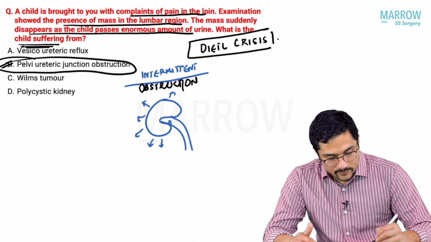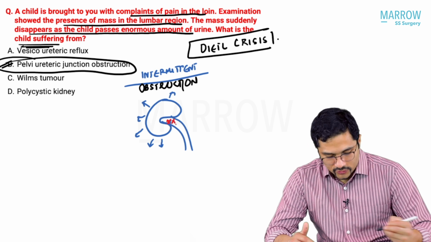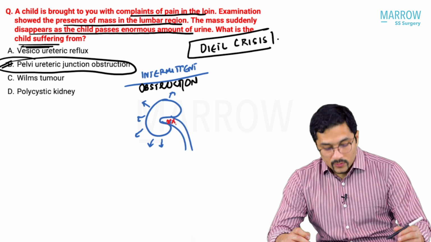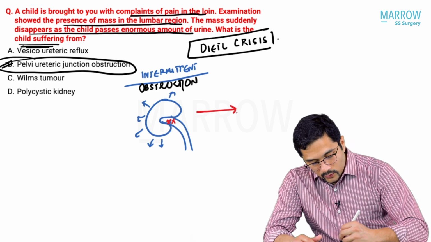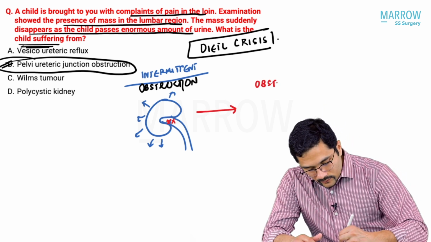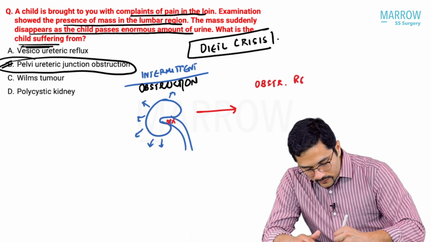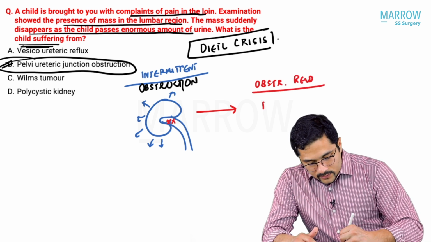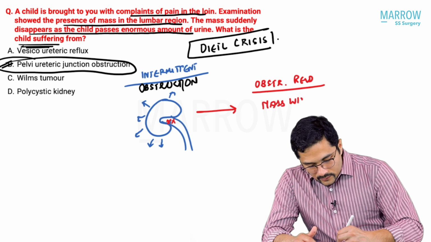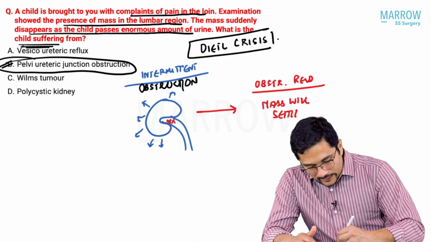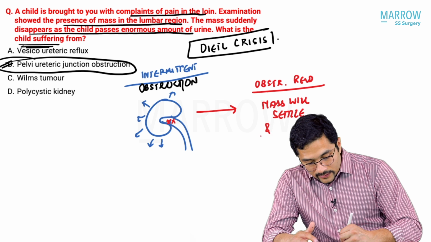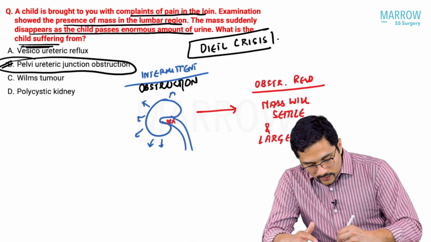So, because of intermittent obstruction here at the pelviureteric junction, the kidney is going to distend with the mass, and once the obstruction is relieved, the mass will settle, and all the collected urine and large quantities of urine are passed.